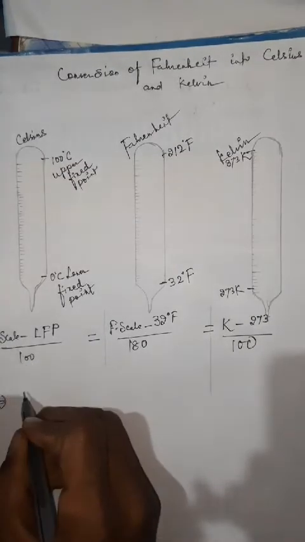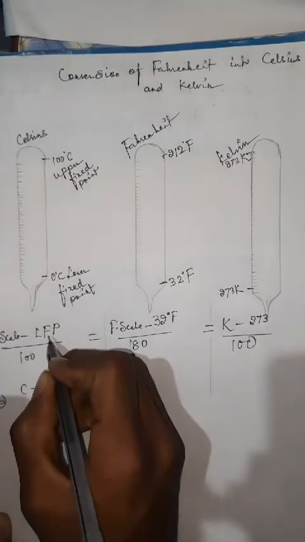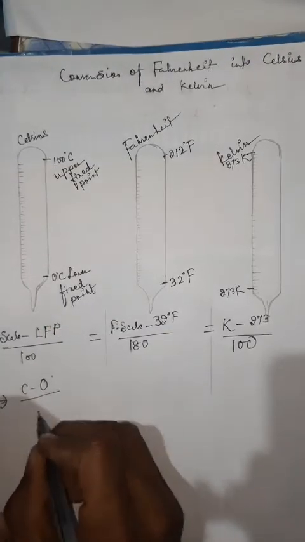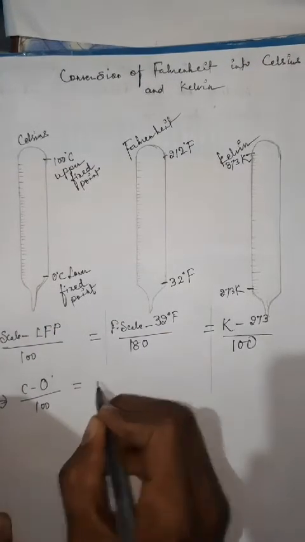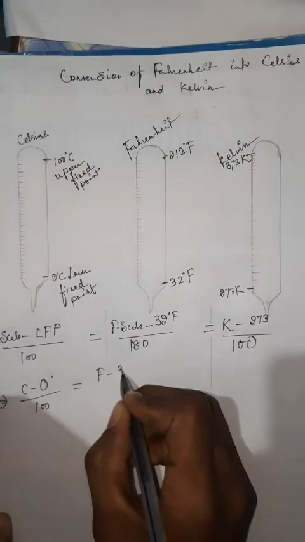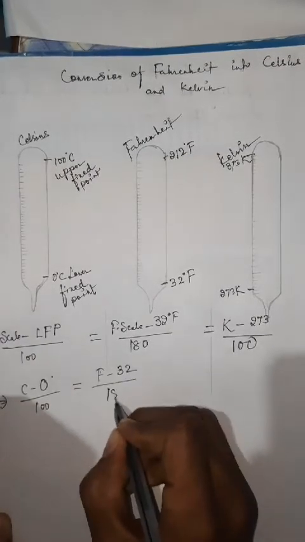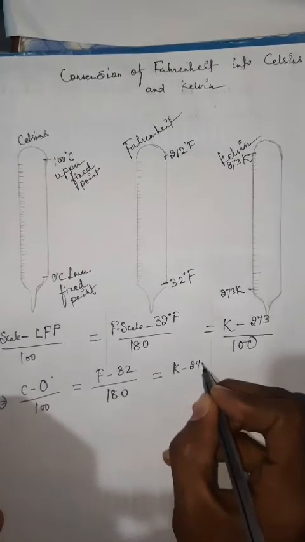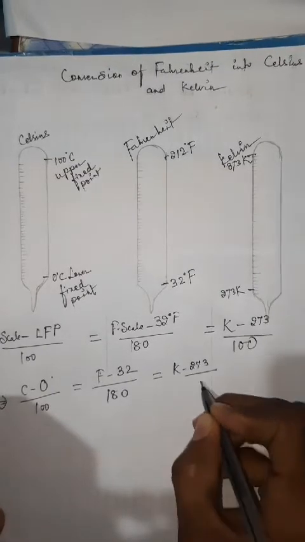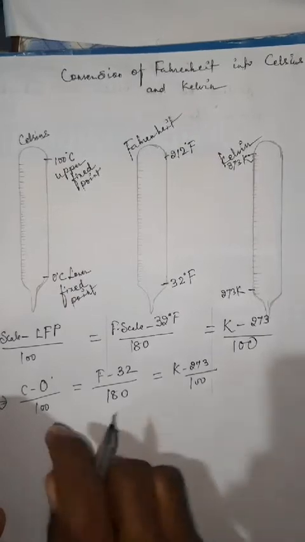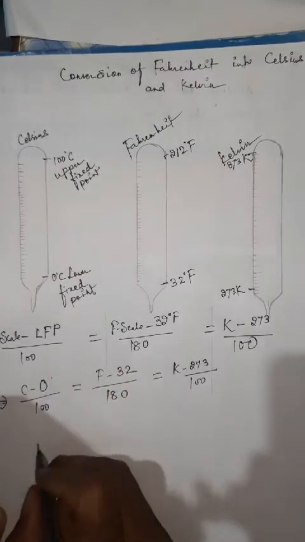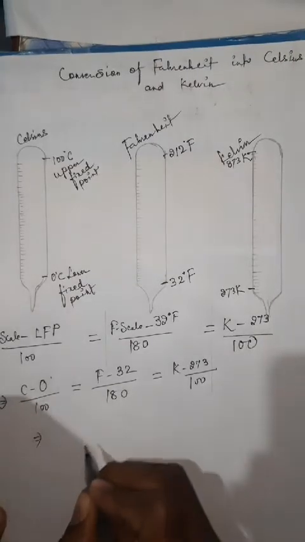So here at scale I am writing C minus, what is the lower fixed point for Celsius scale? It is 0 degree, by 100, is equal to F minus 32 divided by 180, and it is equal to K minus 273 Kelvin divided by 100. Now I am equating first these two to get relationship between Celsius and Fahrenheit.